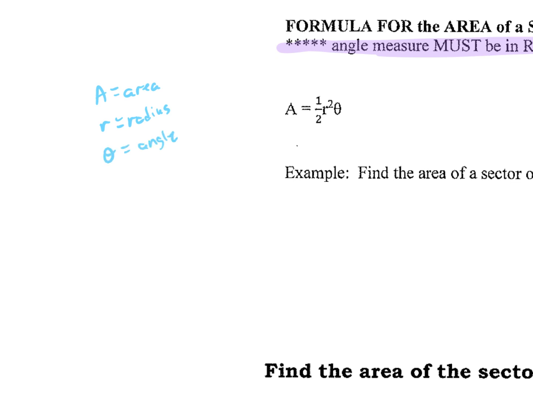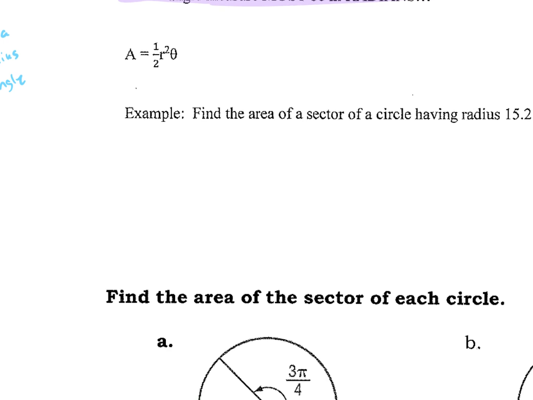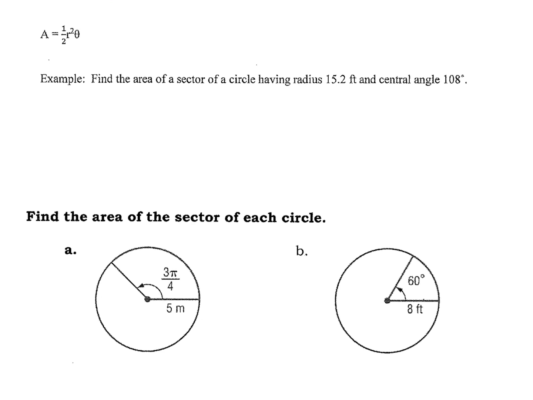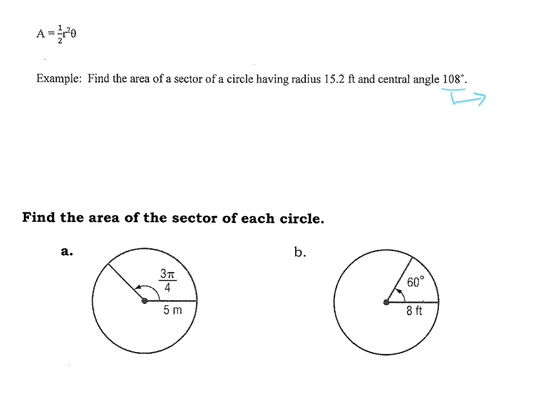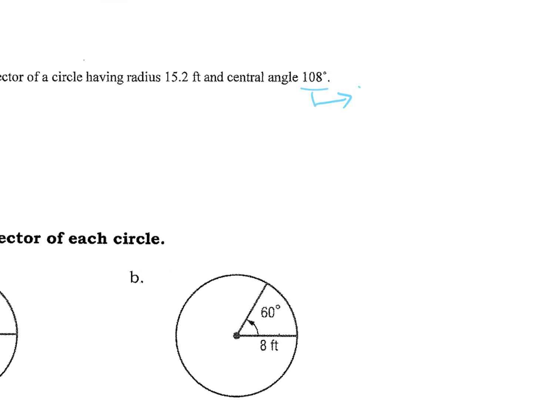And once again, it must be in radians. So if it is not, you're going to have to convert. On this first example, we definitely have to convert. So 108 degrees in radians. CJ, what is that equal to? What is it, 108, yep. It's 3 pi over 5. 3 pi over 5. There we go.